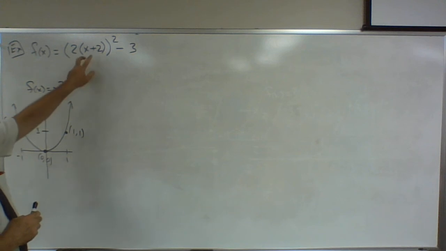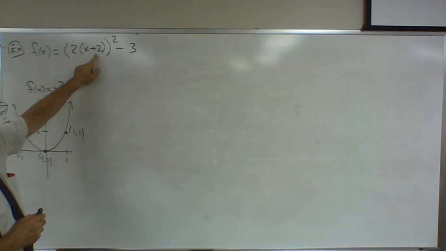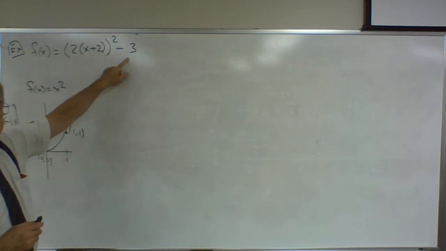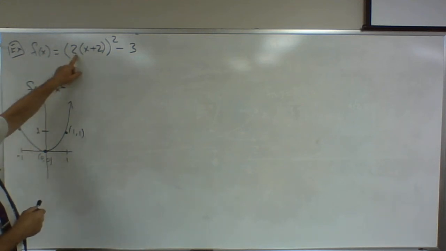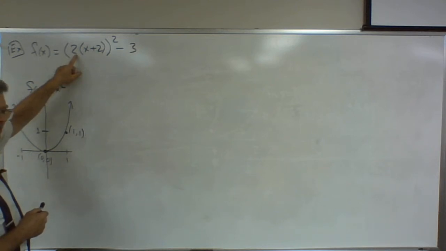Now, believe it or not, I'm going to let this alone until later. My horizontal and vertical shifts, I'm going to worry about those last. What I'm going to do next is worry about any stretching, vertically or horizontally.